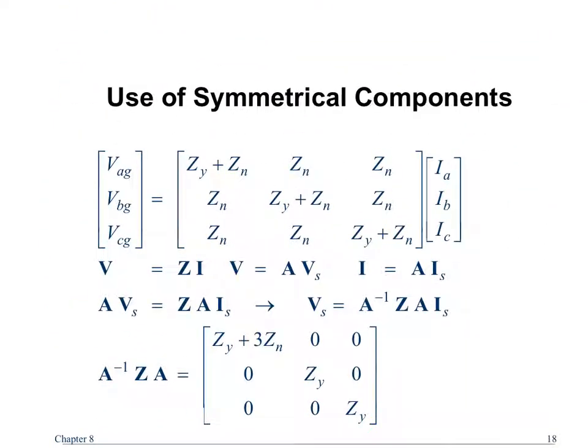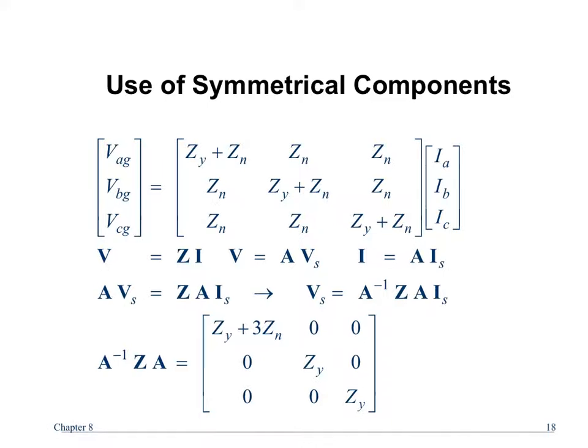So here's our matrix. Now let's convert everything over to symmetrical component land. So we know V equals Z times I. And if I want to convert symmetrical components for voltage to phase components, I use V equals A Vs. Same thing for I. So now I'm going to substitute this into here and this into here, right? Because those are equal.